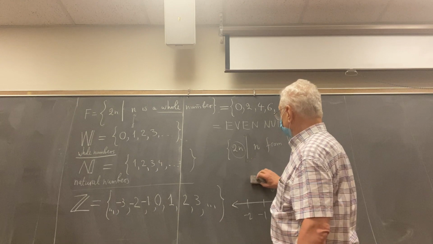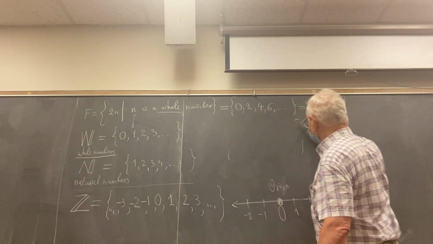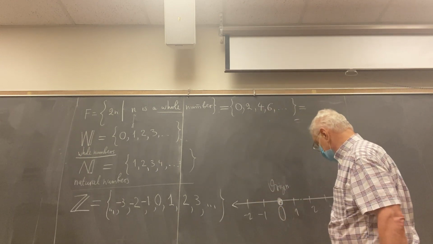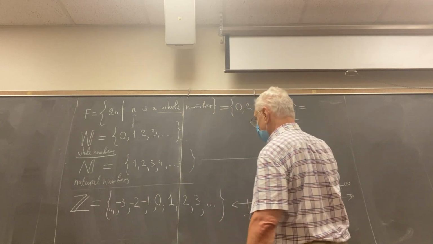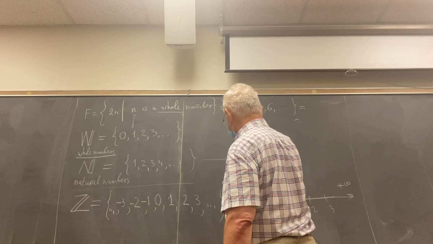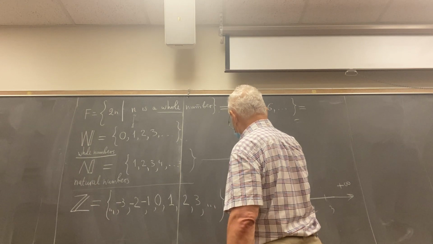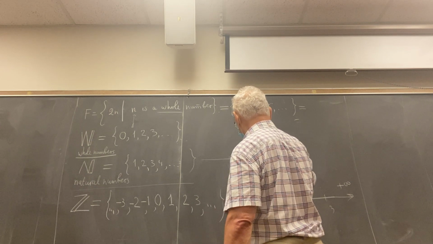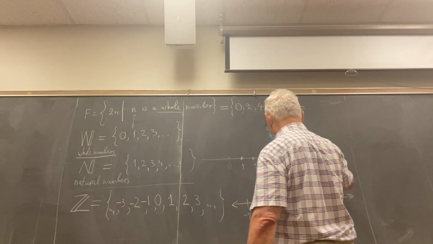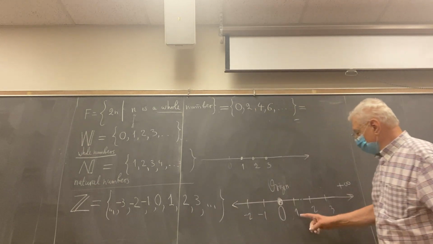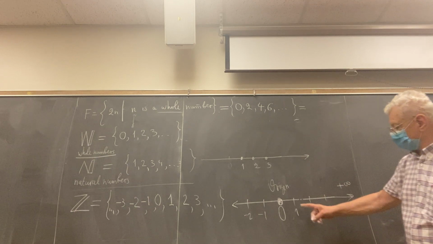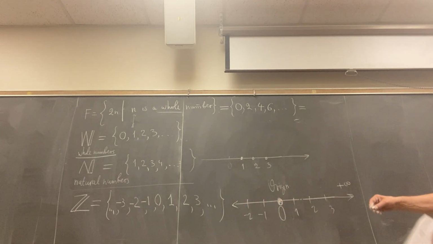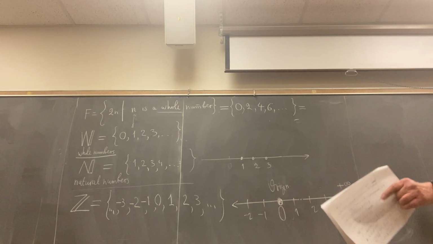Now let us look at the other sets. 1, 2, 3, 4. If I draw the line, 0 I cancel, and then I mark 1, 2, 3, and so on. So if I compare these two sets, Z has infinitely many elements in both directions.